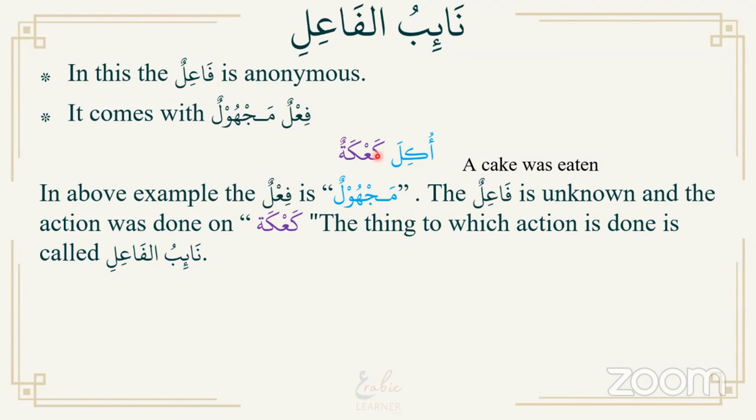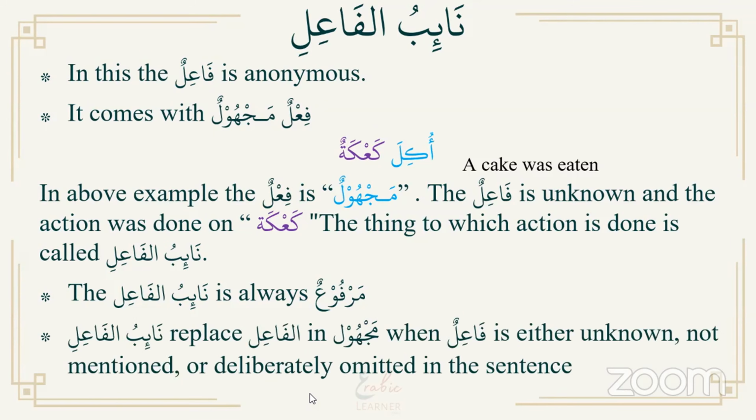Naibul fa'il, as you can see in this example, is marfu. So Naibul fa'il is also marfu. When you compare with the normal jumla fi'liya, what do you see? Naibul fa'il is basically replacing the fa'il in the majhul form.